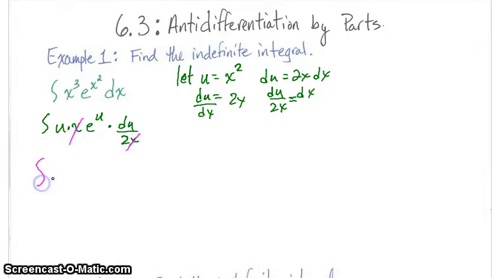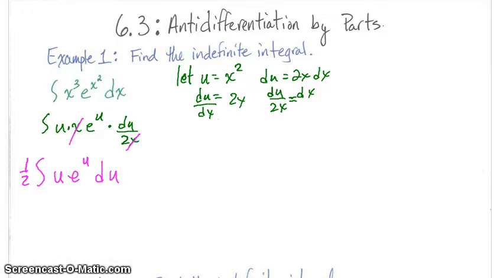So now I have a beautiful u e to the u du, and I'm going to pull my 1/2 out front. Alright, so when I look at this, now we should be thinking about some ultraviolet voodoo. Yes, ultraviolet voodoo.